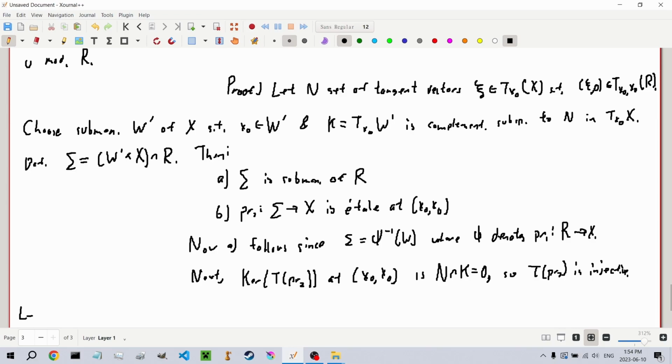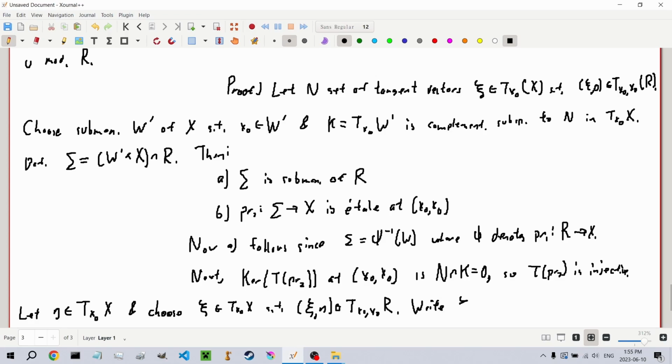Now we want to let eta be a tangent vector to x naught at x, and we're going to choose a xi in the same space such that their pairing xi, eta is in the tangent space of x naught, x naught in R. We're going to decompose xi as xi_n, the component of xi in n, plus the component of xi in k.